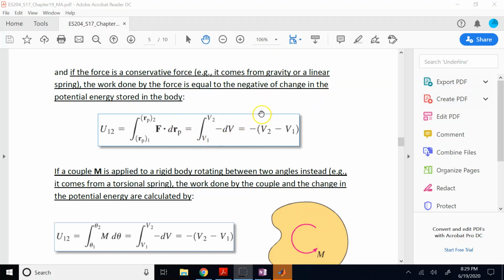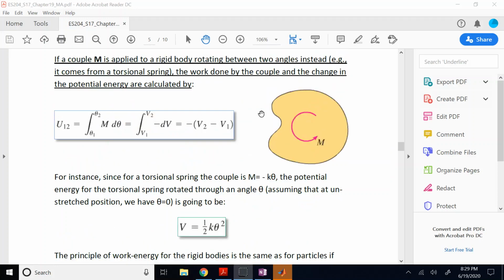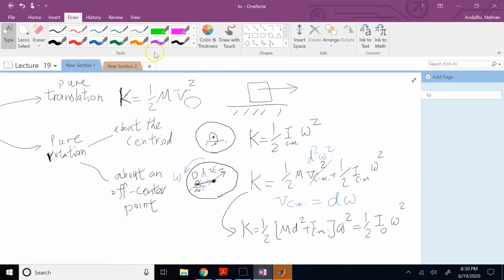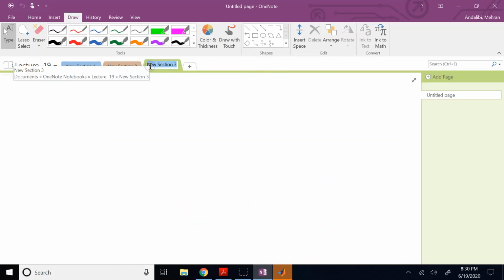So the work of gravity, with the negative sign, is the change in the potential energy due to gravity, and the same thing applies for a spring. If there is a linear spring, the potential energy at any point is 1/2 k s squared, where s is the elongation. So no difference.